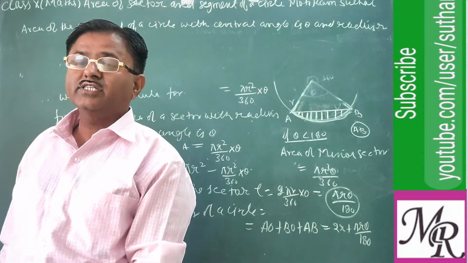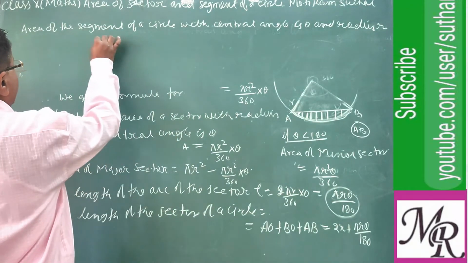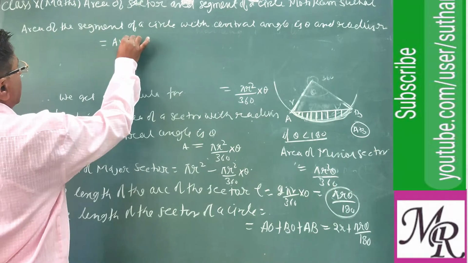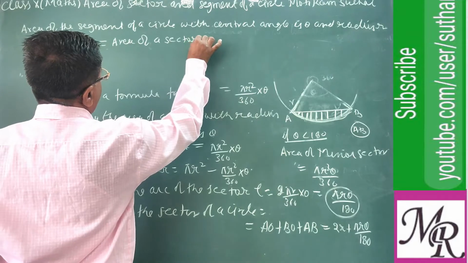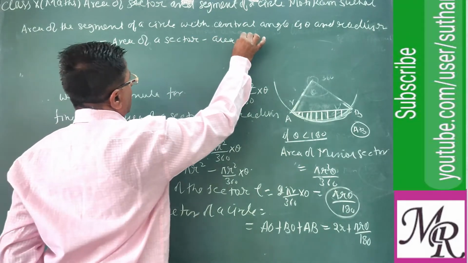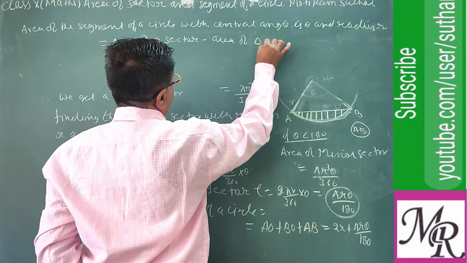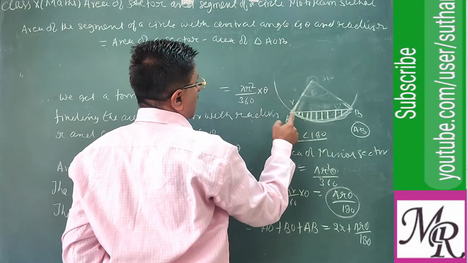Area of a segment. So we can write area of a sector minus area of triangle AOB. This triangle AOB.